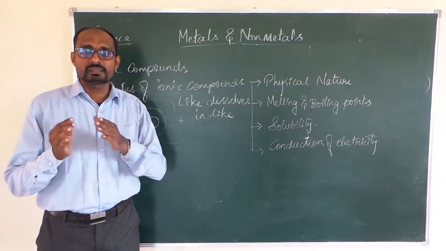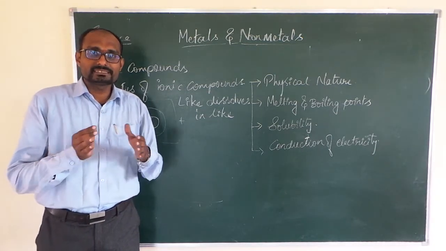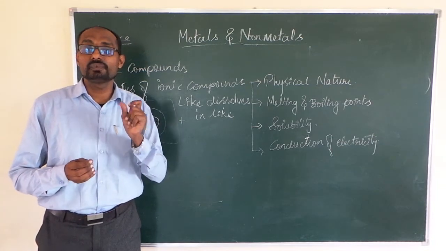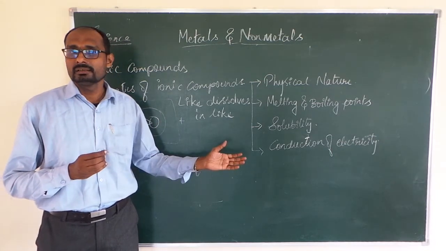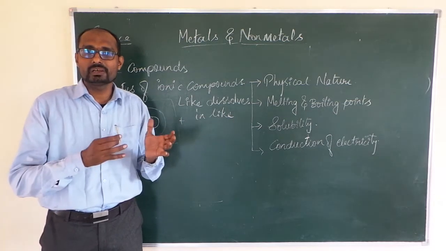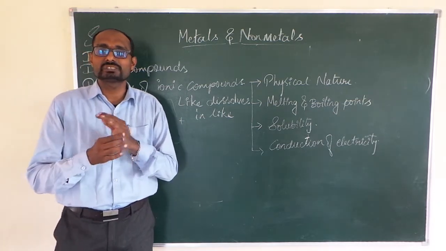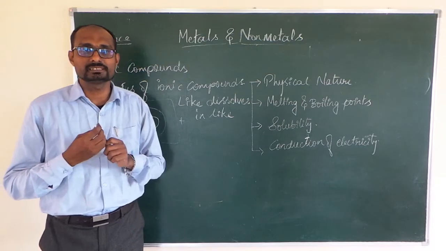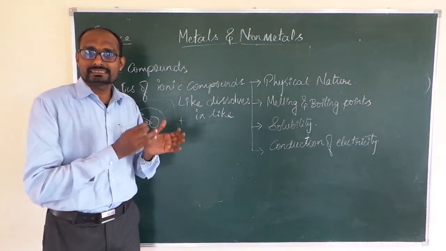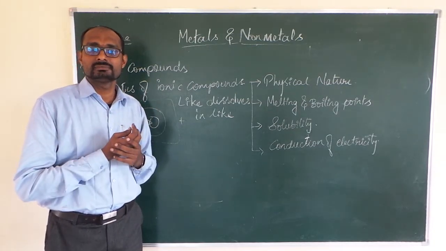Remember, for the conductance of electricity, it needs free ions. Here, none of the ions are free. Every ion is jam-packed as it is associated with the other ions around it. So, it does not have free ions.